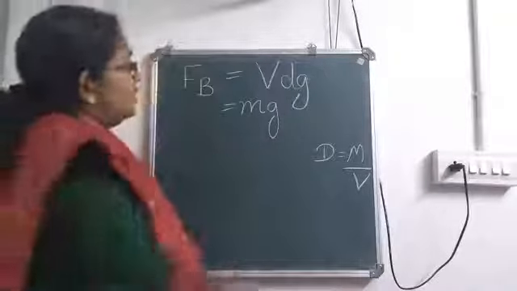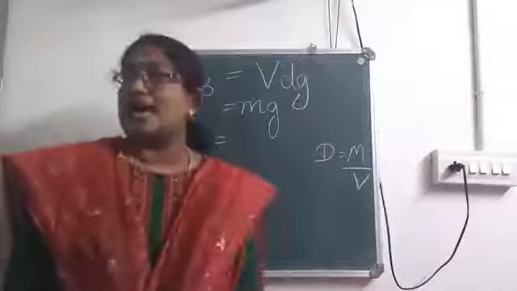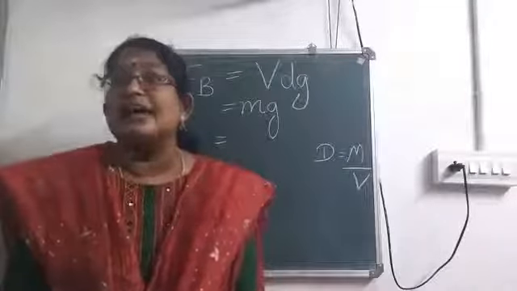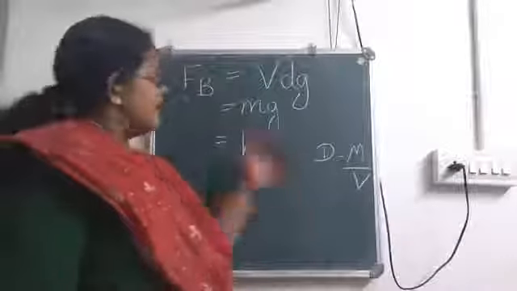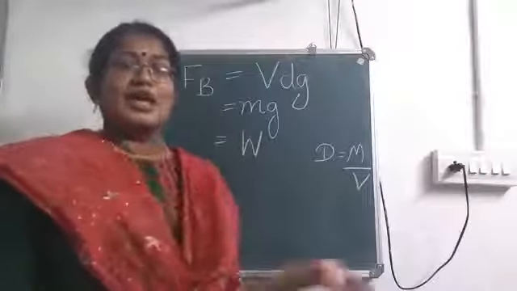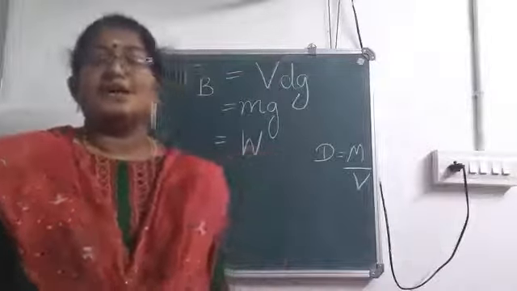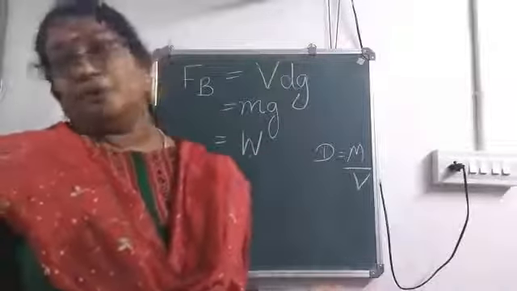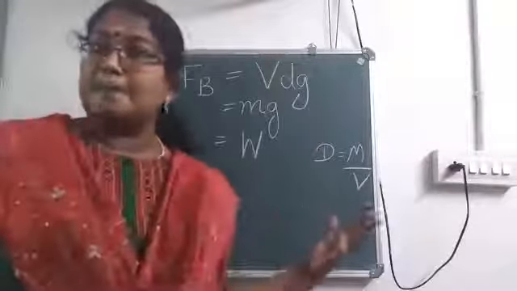Okay, now what is mg? Mass into acceleration due to gravity is the weight. Okay, so upthrust is equal to weight of the liquid displaced by the immersed part of the body. So we can give these three equations for upthrust.